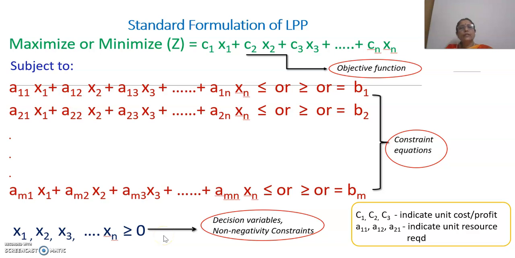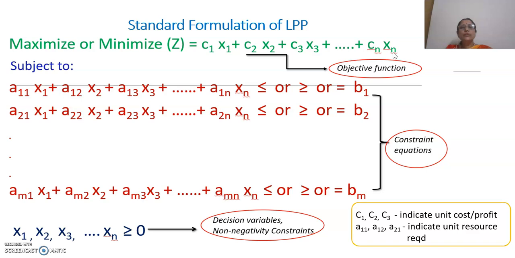And then we have the objective function, which needs to be maximized or minimized in the problem, which needs to be optimized, which is given as an expression in terms of the decision variables as maximization or minimization of the function z, which is equal to c1 x1 plus c2 x2 etc. up to cn xn.